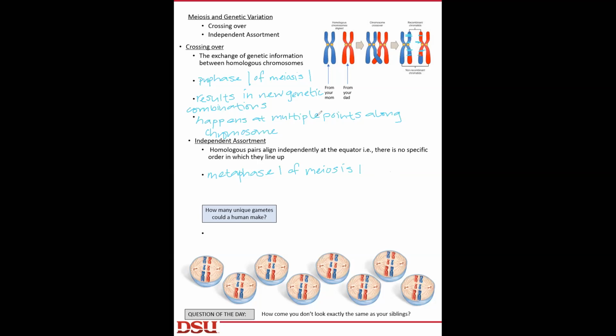So there's no specific order in which they're going to line up. The fact that this happens randomly is going to allow for yet more genetic combinations.